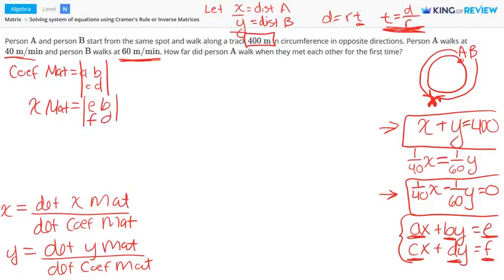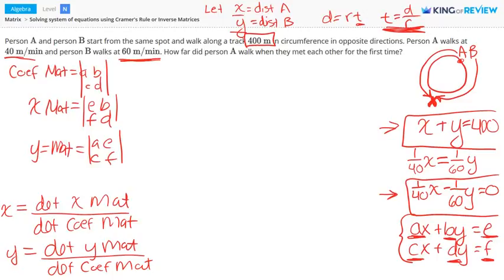And then we have B and D. And then the y matrix, this is equal to A, C, E, F. So this is the setup for the matrices.